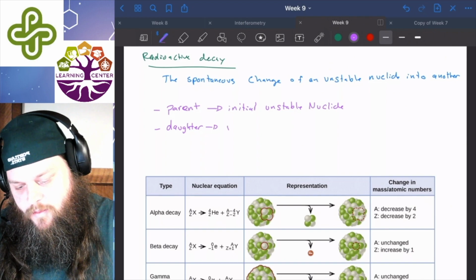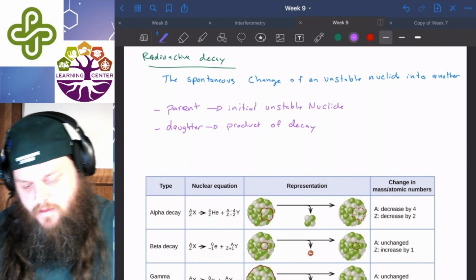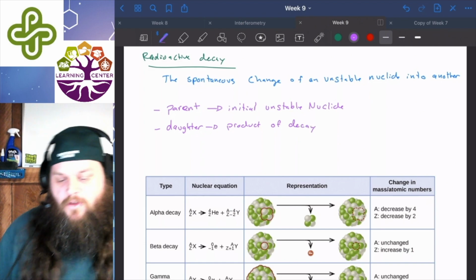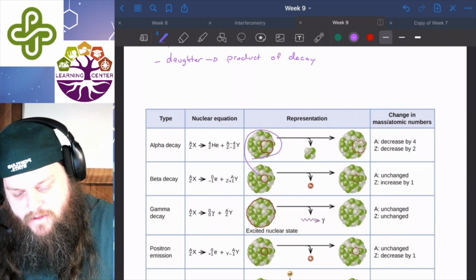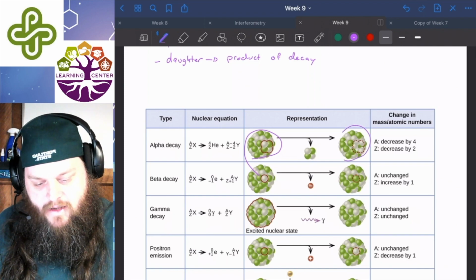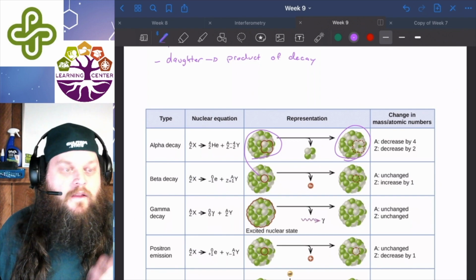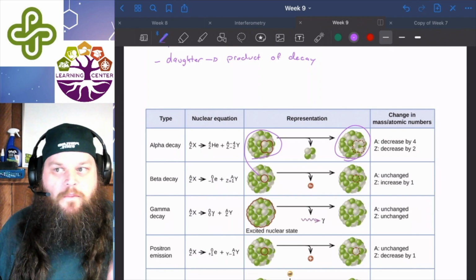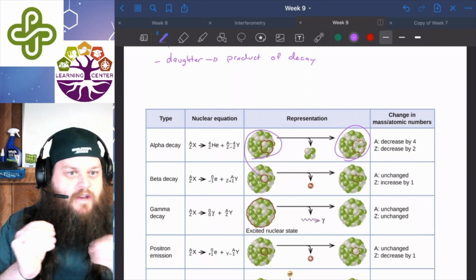This is the product of decay. So going through this list here, we can see this left-hand side is always going to be the parent. This right-hand side is always going to be the product, or the daughter. The daughter nuclide can always be the parent of another one because one reaction can chain down.